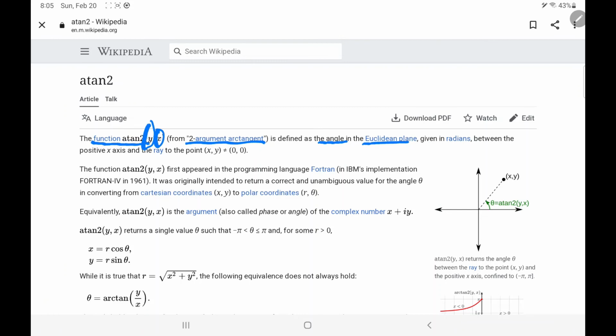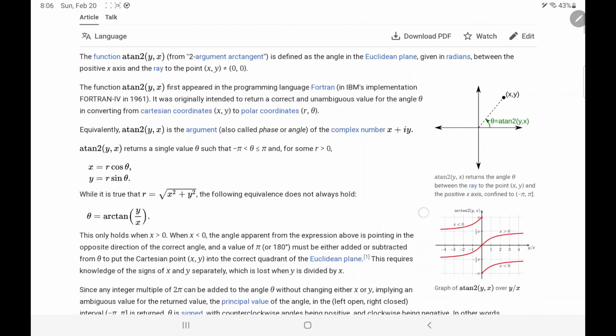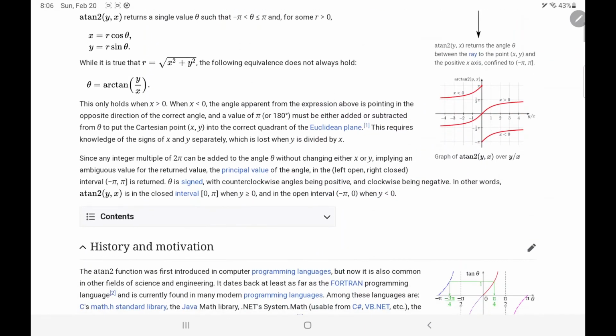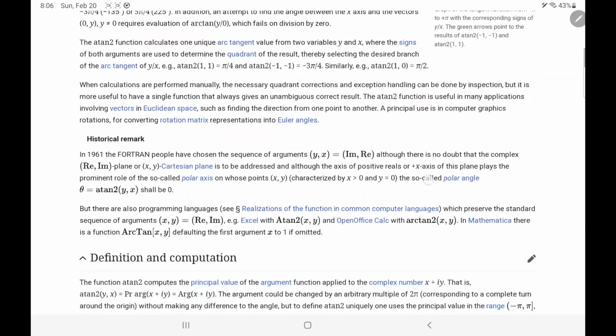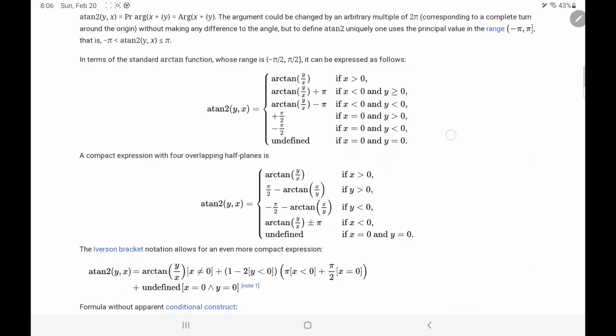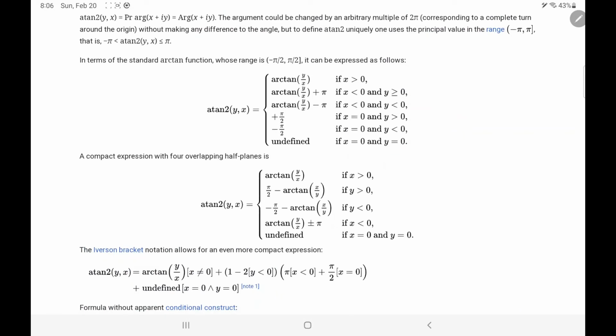In short, atan2 is basically a tangent but with certain conditions, and those conditions are defined here. Basically it is arc tangent, tangent inverse, but with certain conditions.